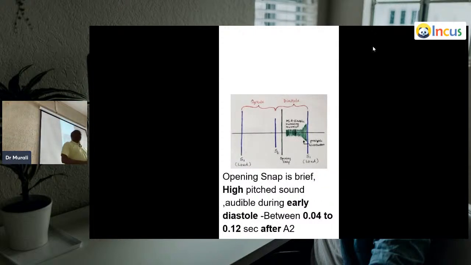Then how do you describe the opening snap? The opening snap is brief, high-pitched, and low amplitude. That means you have to listen with the diaphragm. It occurs in early diastole, the moment the mitral valve opens. Typically, when do you call diastole?